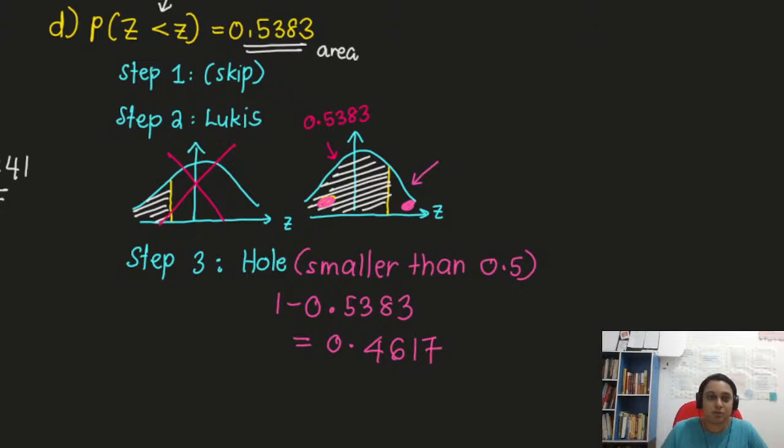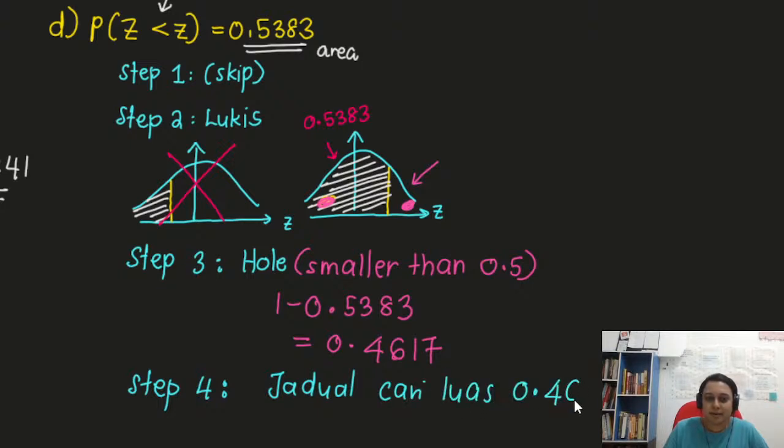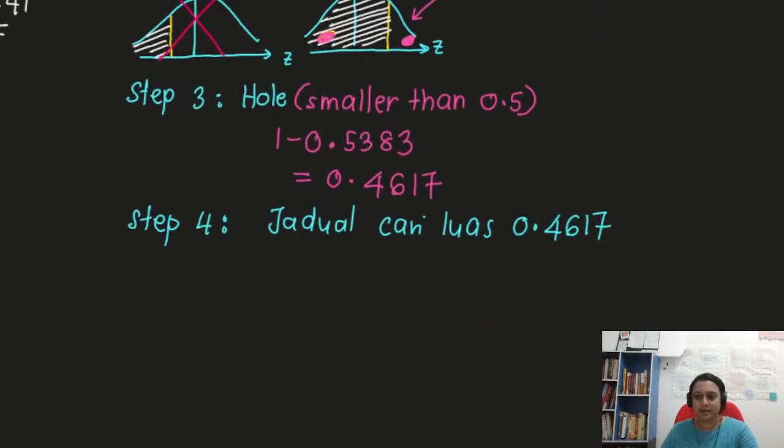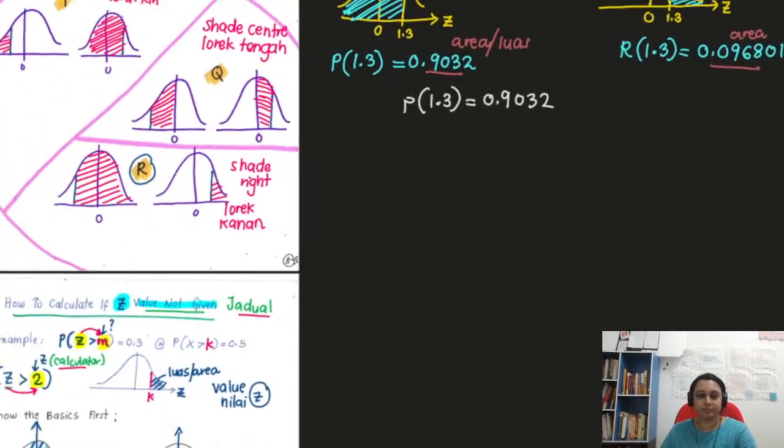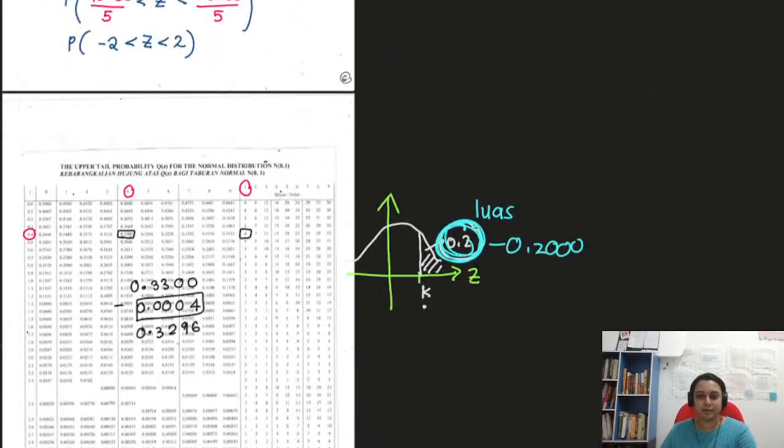0.4617. Okay, so you go to your jadual, step 4. Okay, go to your table and find luas 0.4617. Pergi ke jadual, cari 0.4617. Okay. 4617.